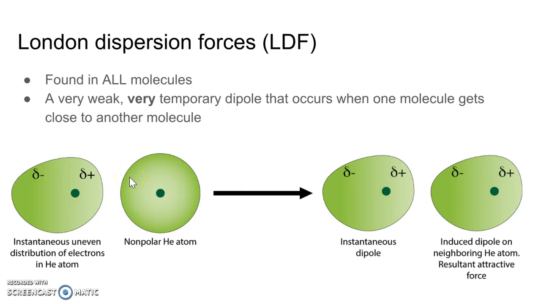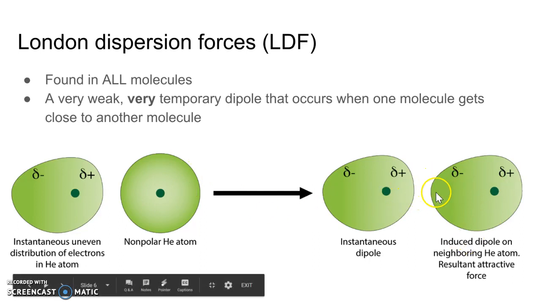So you would end up having some negative charge over here. And then because all the electrons are running over there, there's going to maybe be some partial positive charge over here. So essentially it's this idea that there's an induced dipole on that neighboring atom.